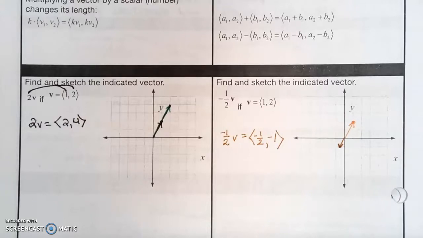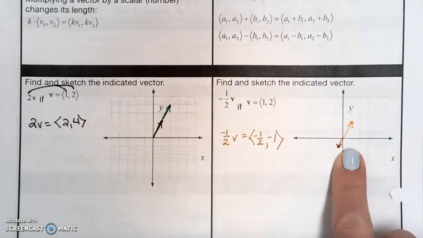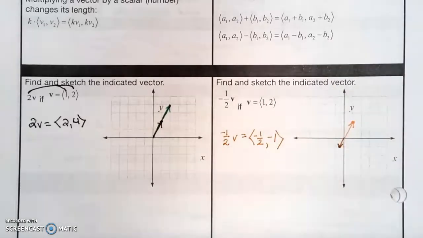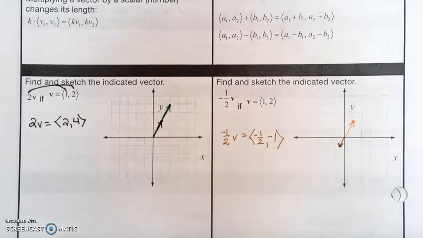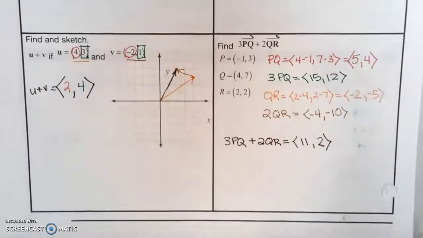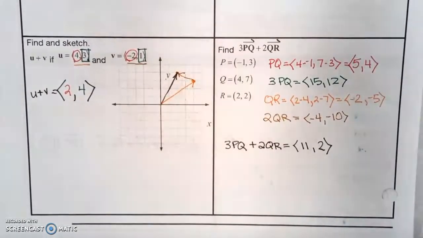Changes direction, okay? This is positive, and this is now going in a negative direction. And multiplying it by a fraction does what to it? Shrinks it. It's like dividing, right? So it gets smaller and it goes the opposite direction. It's exactly what you think would happen. Makes sense? Yes, okay.